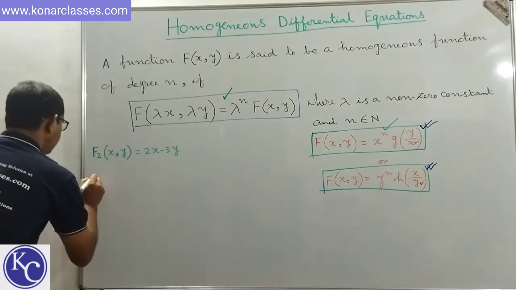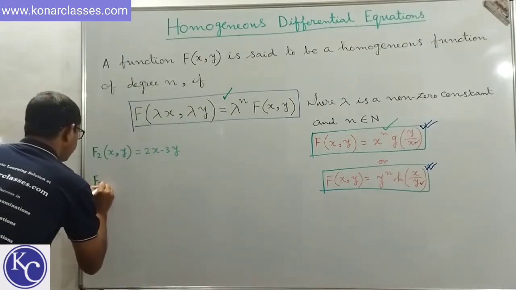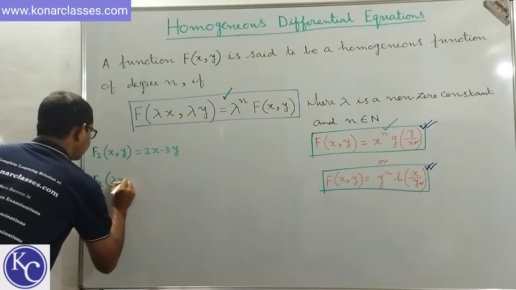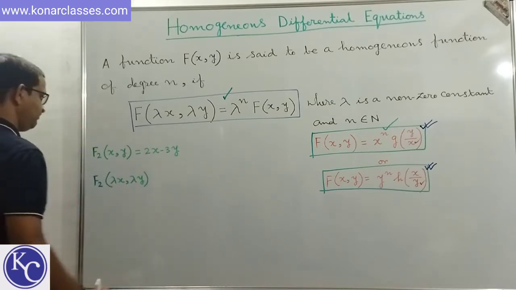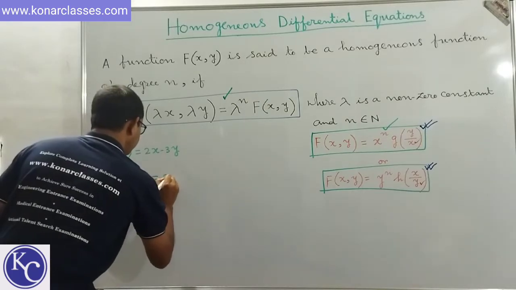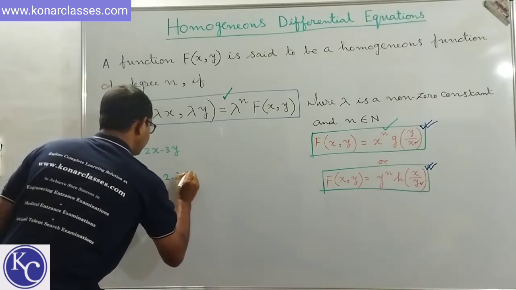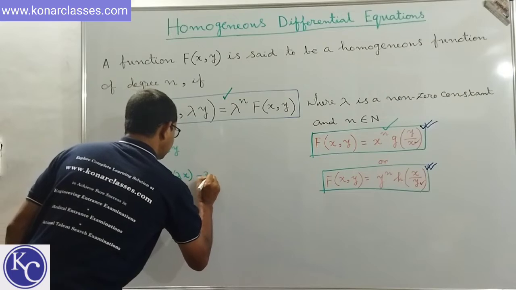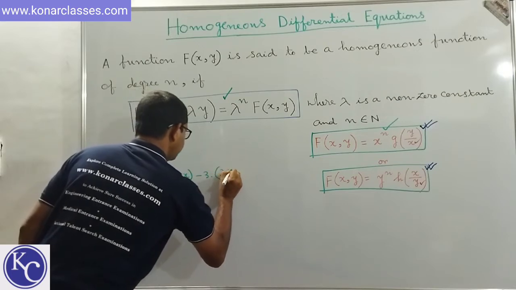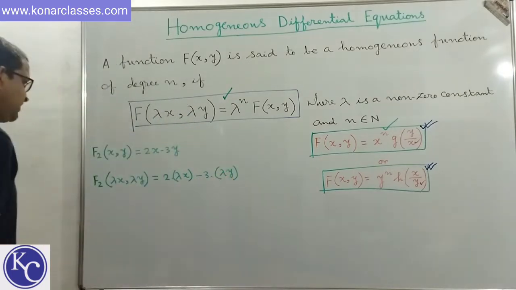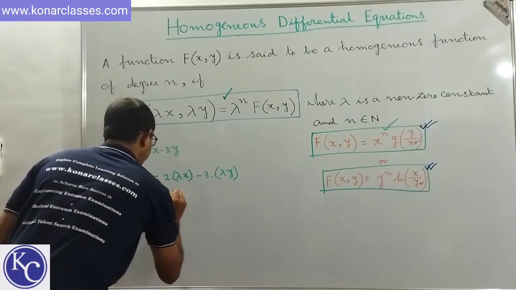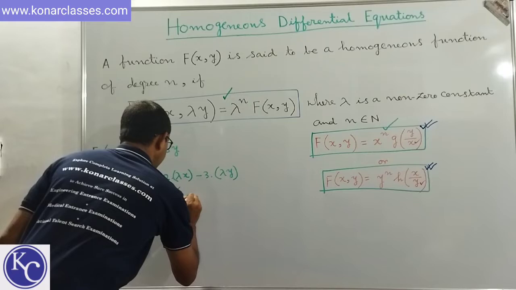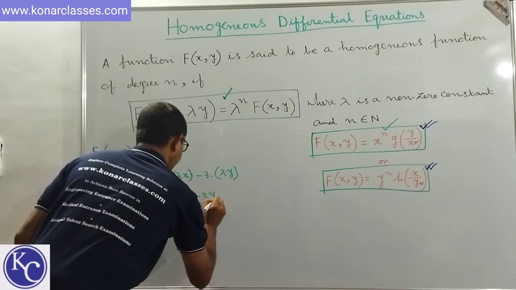That means what you are going to do, so f2 of lambda x comma lambda y, where lambda is a non-zero constant. So that becomes, dear students, 2 into lambda x minus 3 into lambda y. Correct. So now from these two we can take lambda common. If we take lambda common, then we get 2x minus 3y.